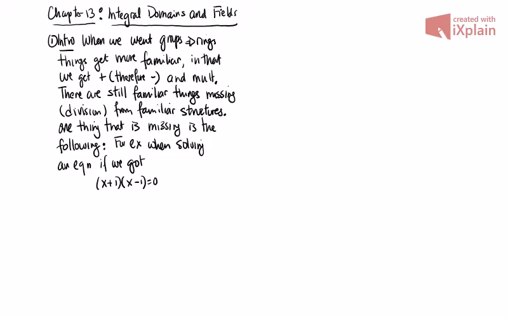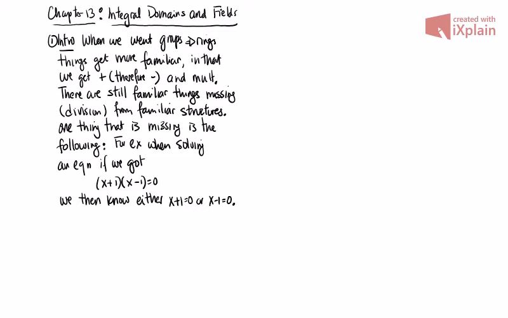We can assume one of them is 0. Right, so we then know either x plus 1 is 0 or x minus 1 is 0. So basically there's some integrity there, right? When you have a product that's 0, one of the two must be 0. But this doesn't necessarily have to be the case, right?